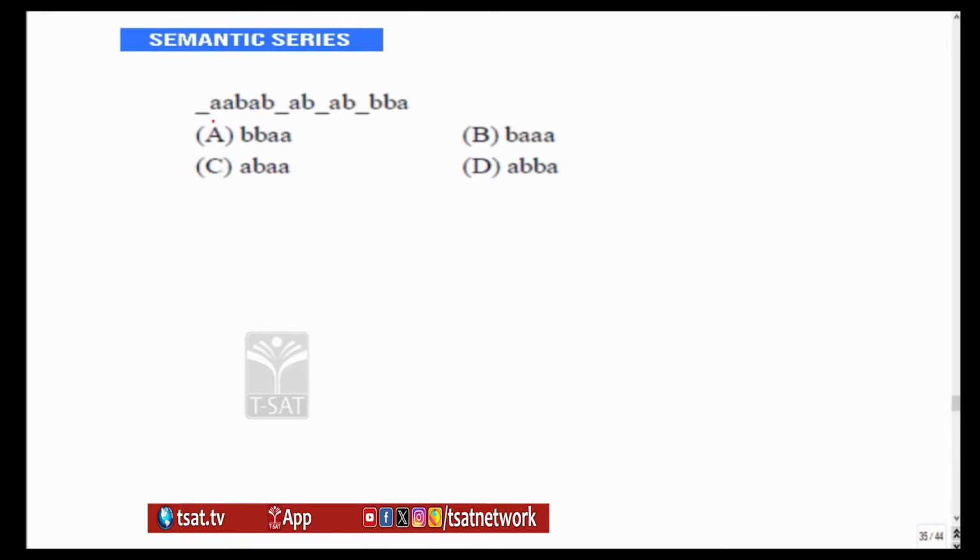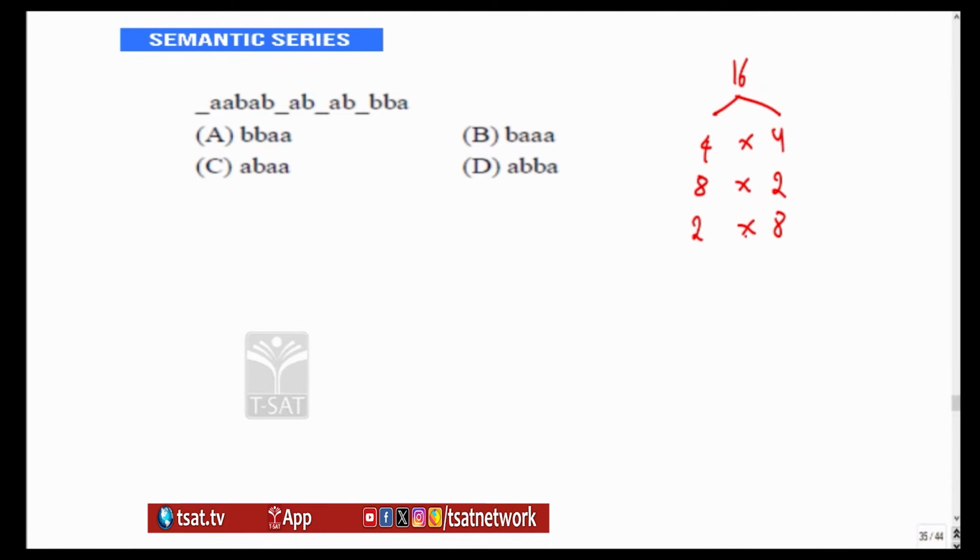Next question. First I said that you have to count how many letters there are: 1, 2, 3, 4, 5, 6, 7, 8, 9, 10, 11, 12, 13, 14, 15, 16. Whenever 16 letters are there, we can divide into 4 blocks repeating 4 times, or 8 blocks repeating 2 times, or 2 blocks repeating 8 times.